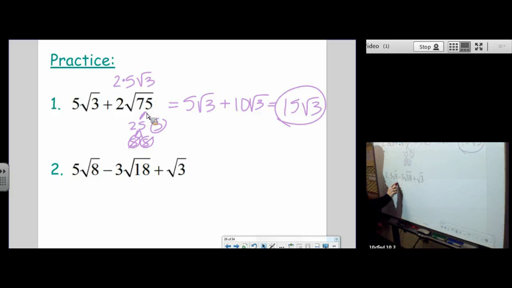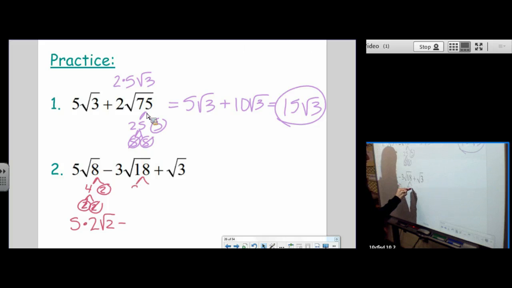Okay, let's work on this one. He needs some work. 4 times 2, 2 times 2. Okay, so a 2 is going to escape. There was already a 5 there. A 2 escapes, and we've got a 2 left over. Minus, we got to work on this. This one's a perfect square. 9 times 2. 9 is just 3 times 3. Okay, so there was already a 3.